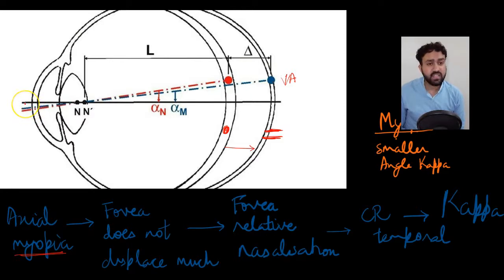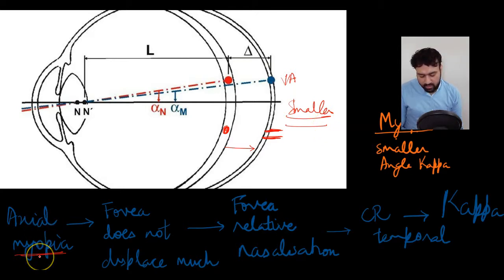The black line is the anatomical axis and the blue line is the visual axis. So that angle is your angle kappa. In case of axial myopia, the angle kappa is smaller. Basically, axial myopia causes the fovea to move towards the nasal side, right?